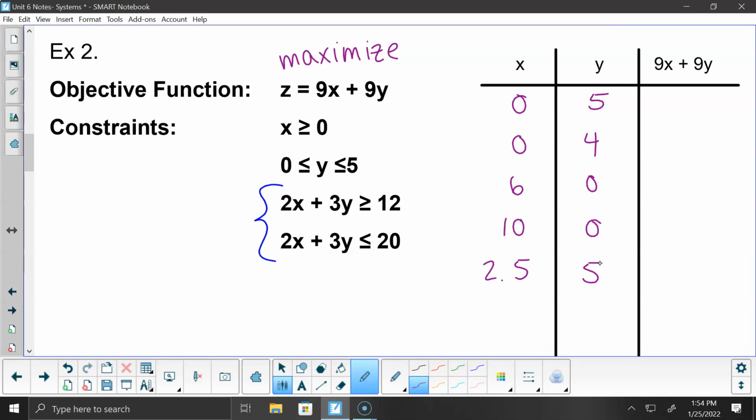All right. So now I got to plug everything in up here. This one's 45. This one's 36. This one's 54. This one's 90. And somebody with a calculator, can we hit that last one? I know it's 45 and then half of 45.